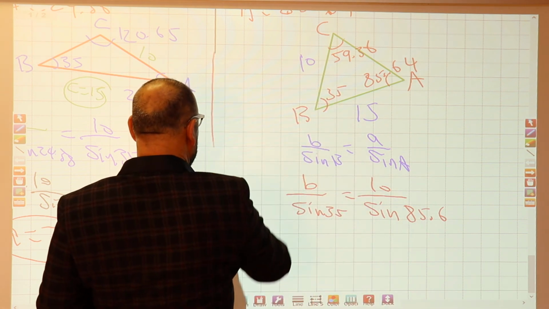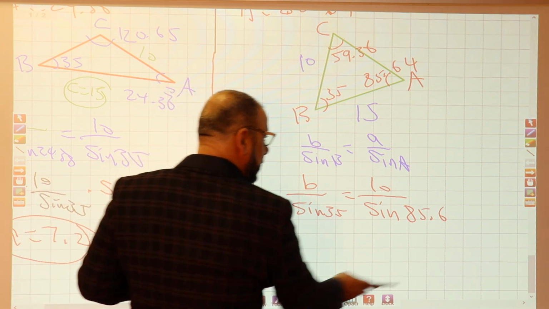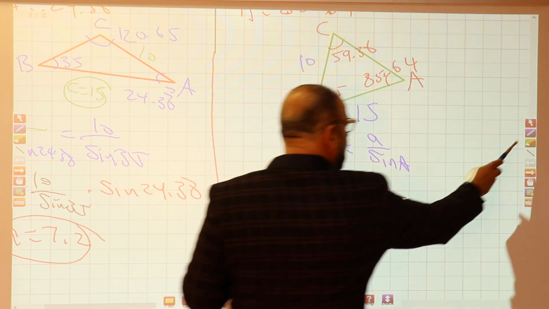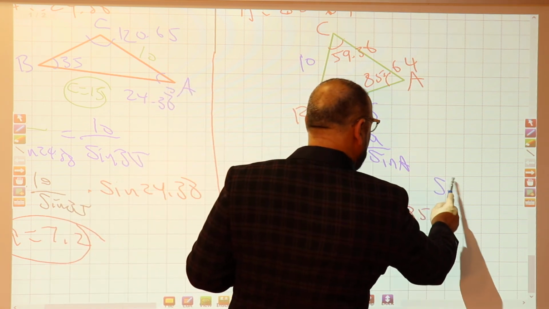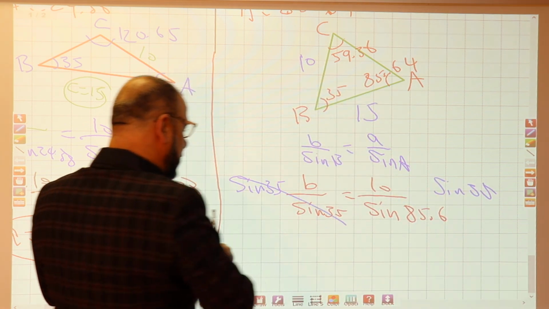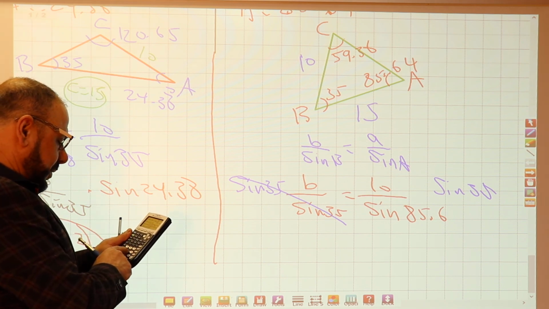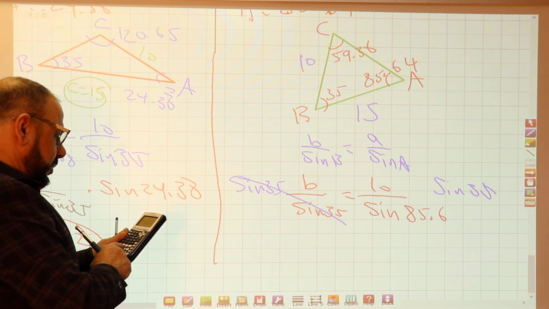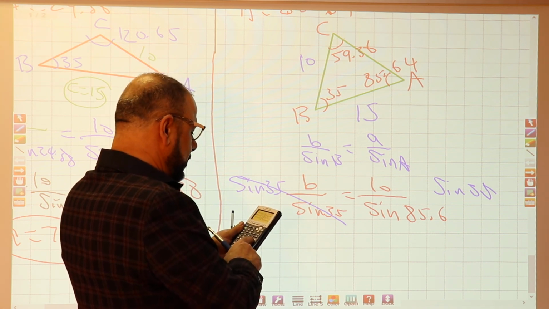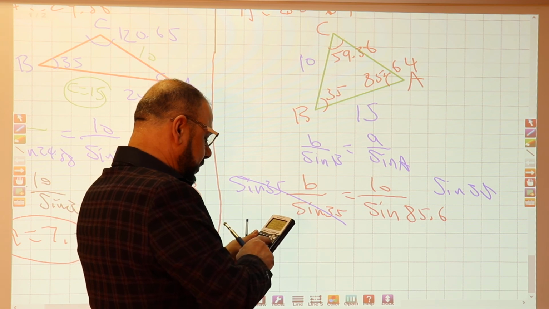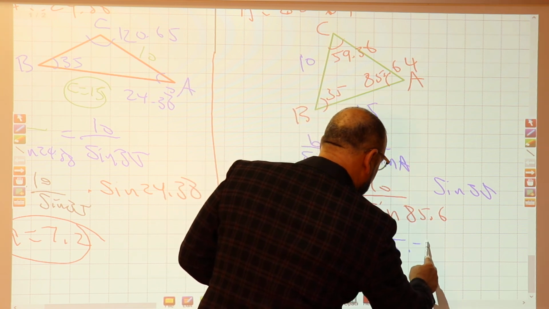Multiply both sides by sine 35, and get the 10 divided by sine 85.64, equals 10 times sine 35, enter, 5.7.